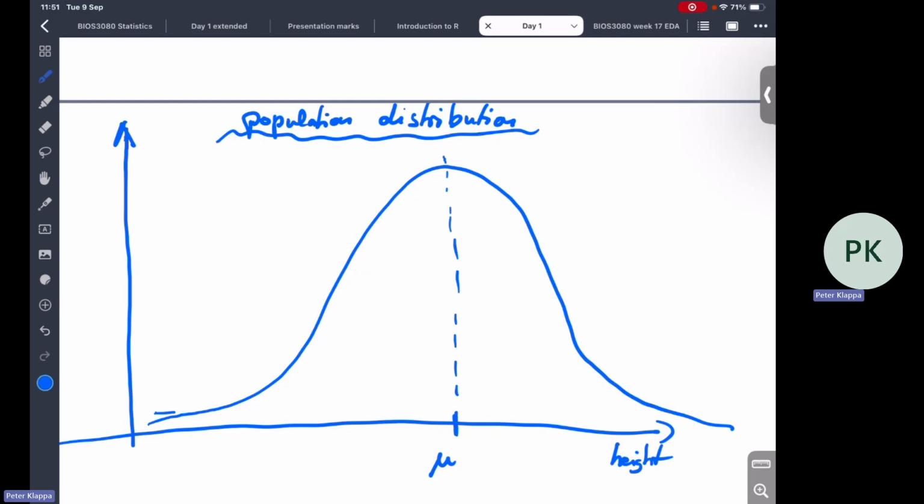So it's a symmetric curve. It basically assumes that the number of very tall people is similar to the number of people who are small. Nice symmetrical curve. But it's not just any curve. This is also called the normal or bell or Gaussian curve.